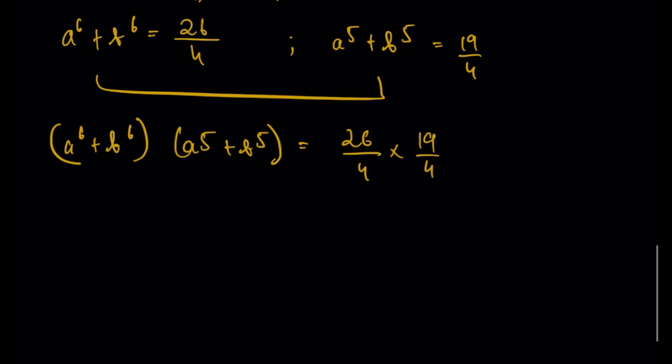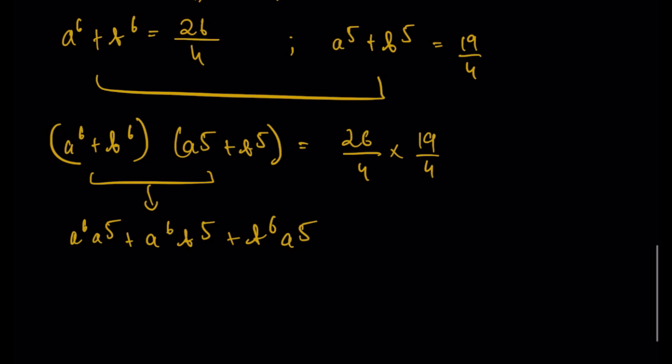Okay, multiplying it, a power 6 a power 5 plus a power 6 b power 5 plus b power 6 a power 5 plus b power 6 b power 5 equals 19 into 26. So 26 into 20 would be 520, so minus 26, 494/16.